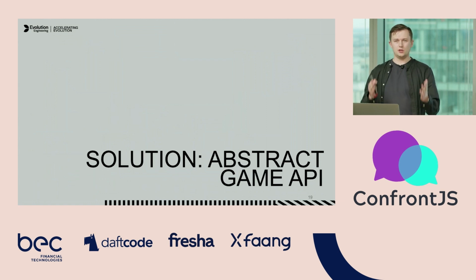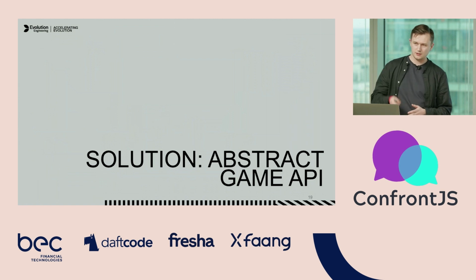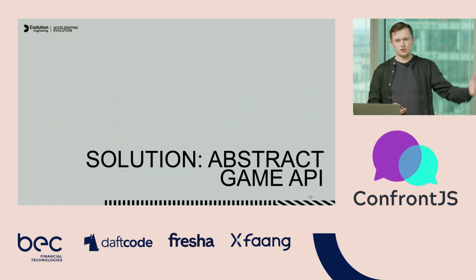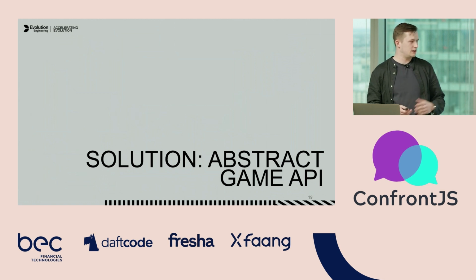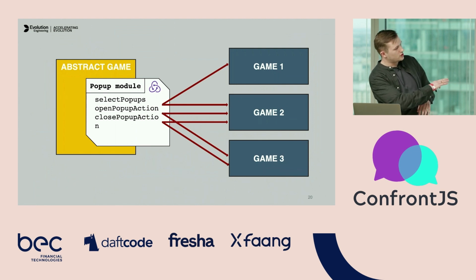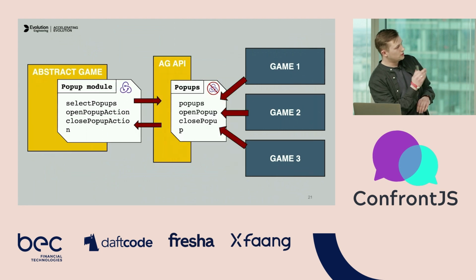Some kind of technology or framework agnostic proxy that would allow us to break that technology dependency, so the abstract game could remain the same, but the games could use whatever technologies they need. So firstly, instead of importing all those selectors or actions or whatever into each and every game, you could use one single instance of the abstract game API instead.